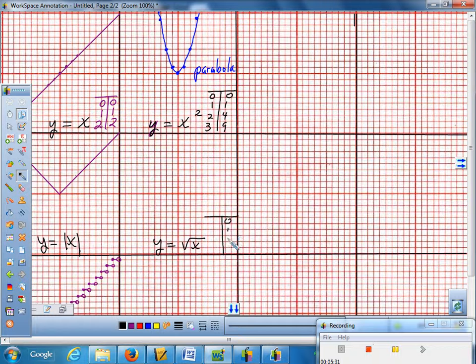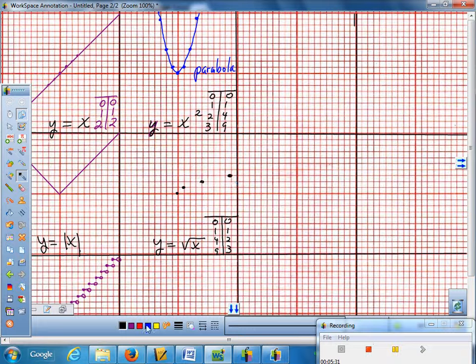You put your 0, 1, 2, 3 over here on the right, and you've got your 1, 4, 9 over here on the left. It's sideways, isn't it? And so then it makes you have a sideways parabola. If we plot 0, 0, and then we go 1 over, 1 up, so this would now be 4 over, 2 up, 9 over, 3 up.